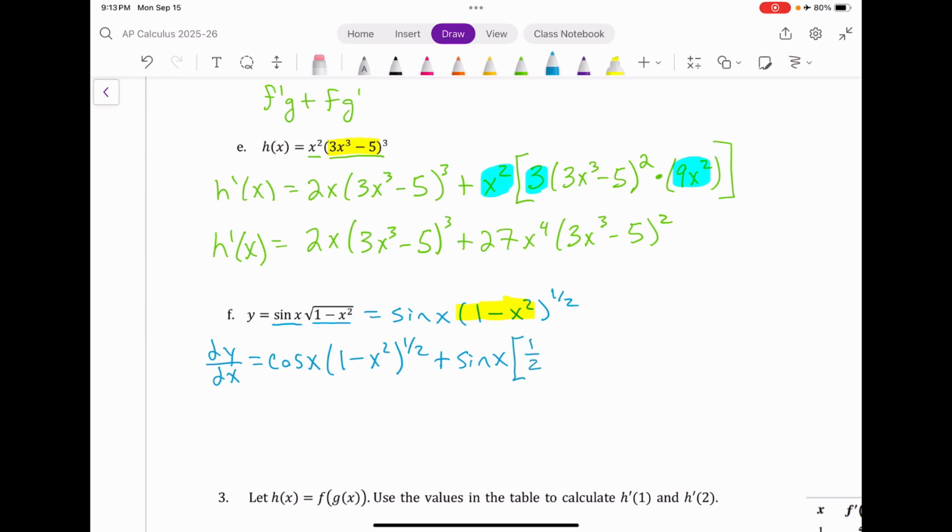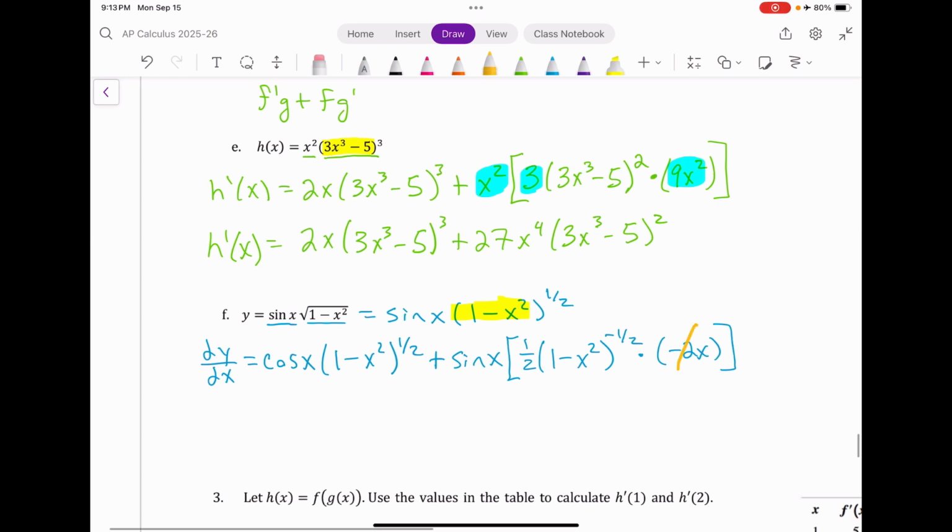So we'll move the 1/2 exponent to be a coefficient, times 1 minus x squared to the negative 1/2, and then times the derivative of the inner function, so 1 minus x squared. So the derivative of that is minus 2x. Okay, so again, everything in the brackets is using the chain rule on the square root of 1 minus x squared. Okay, can we clean up anything?